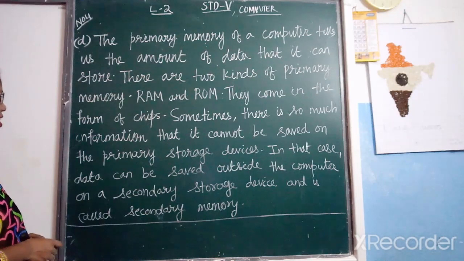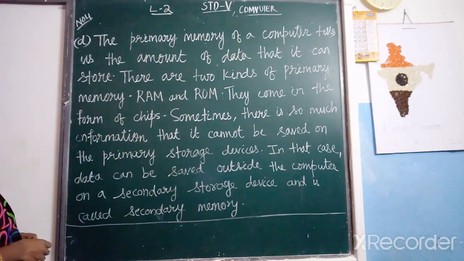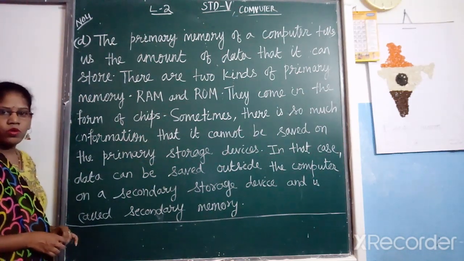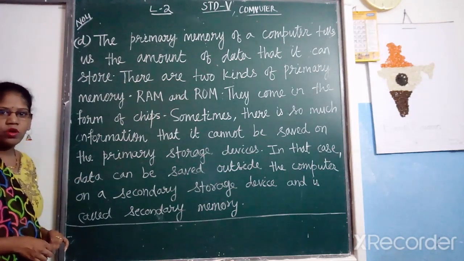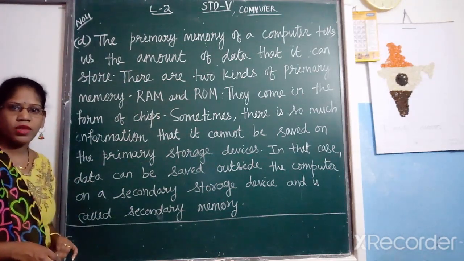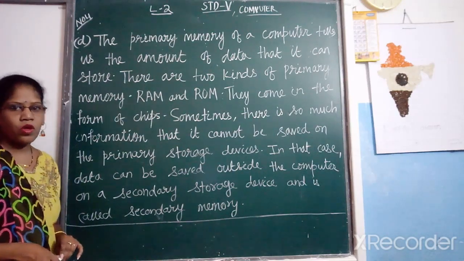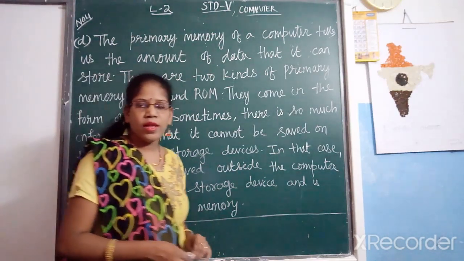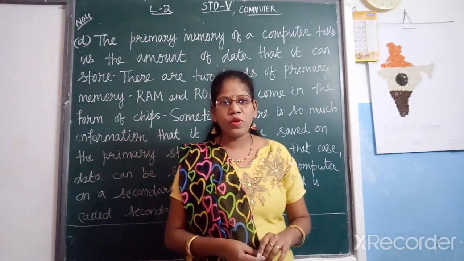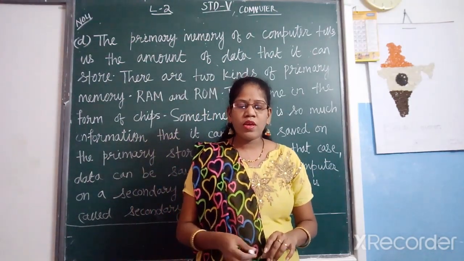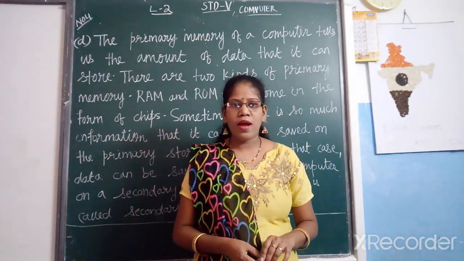In that case, data can be saved outside the computer on a secondary storage device and is called secondary memory. Hope students you have understood what is primary memory and what is secondary memory. Is it clear? Can you see? Okay, so all this question answer you can write down in your notebook and practice it. You can even write your own answer.